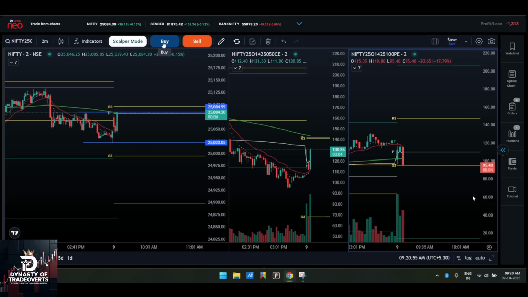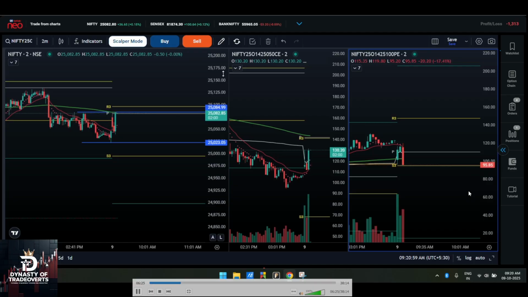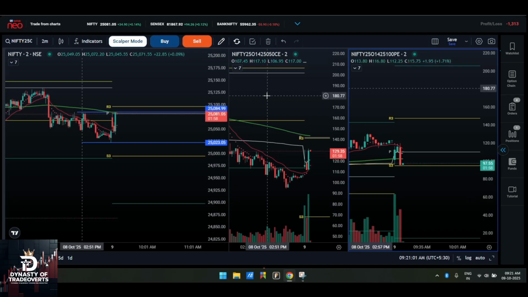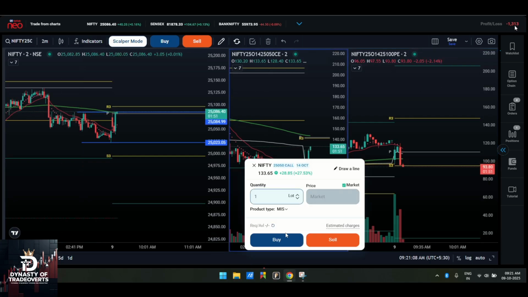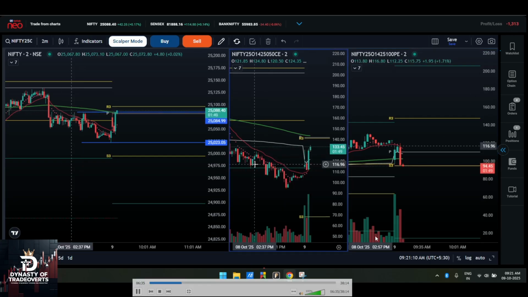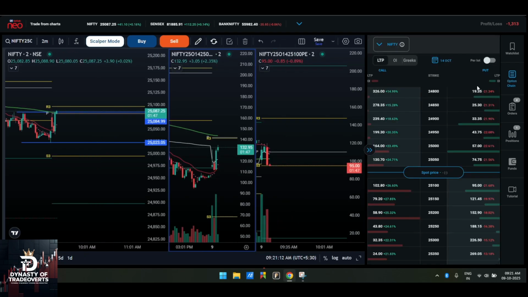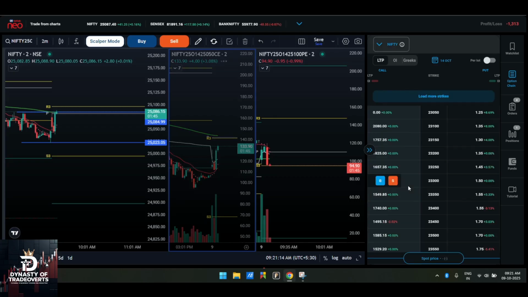From this moment onwards, whatever I'm doing is purely revenge trading. I lost control of my discipline, and my only aim is to make back this huge loss. That's my only motive. So immediately I'm trying to take another position.